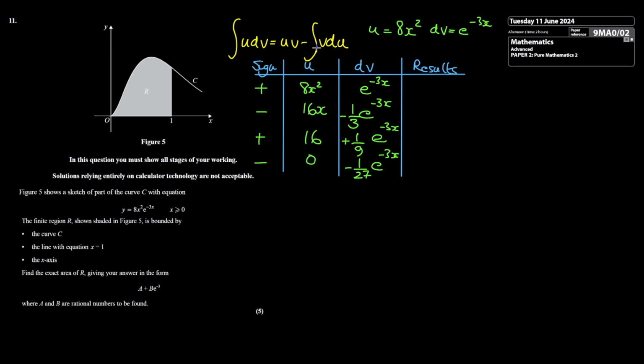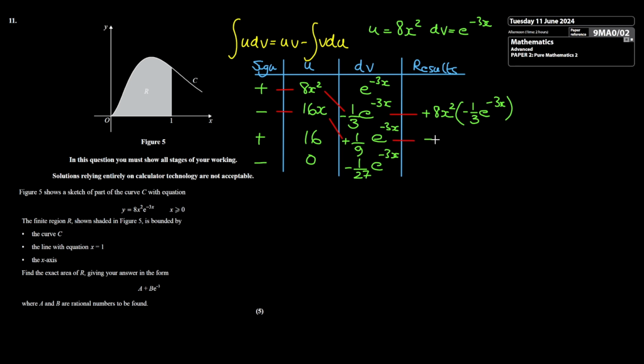So just as the formula suggests, our first term will be uv, and that will be this multiplication. So this gives a result of plus 8x squared multiplied by minus a third e to the minus 3x. And the next result will be the red lines joining this group of terms.